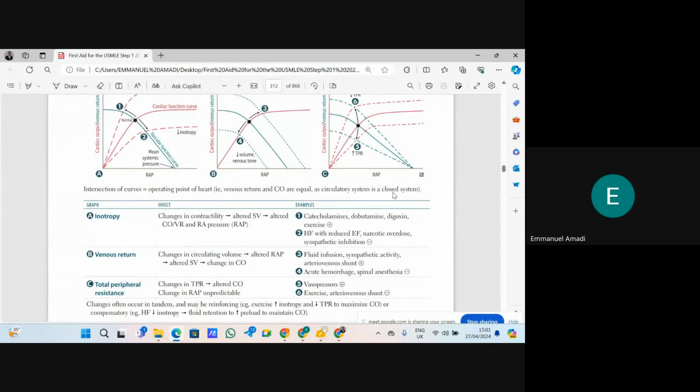Now, what can cause that? Vasopressors. Now, how will vasopressors cause this? Vasopressor is the one that definitely causes arterial constriction. Now, when it constricts the arteries, your afterload will go up. When your afterload goes up, your cardiac output will have to drop.